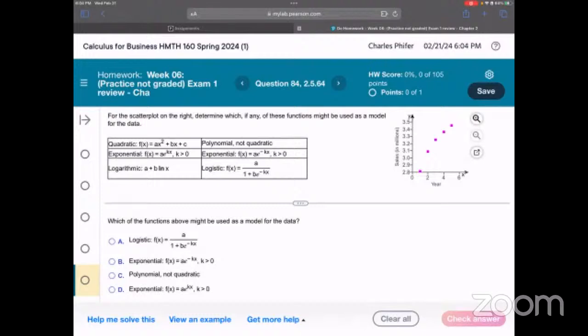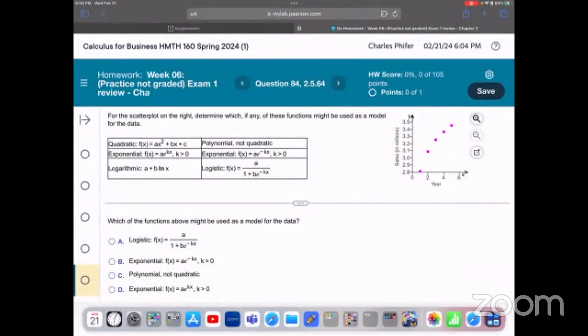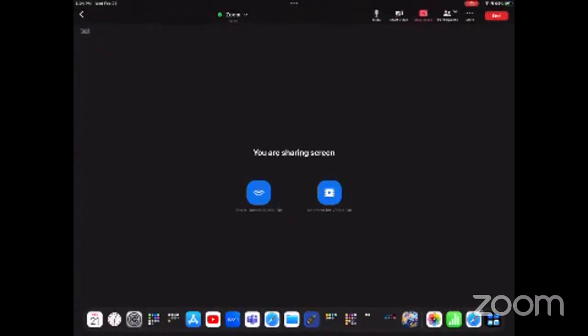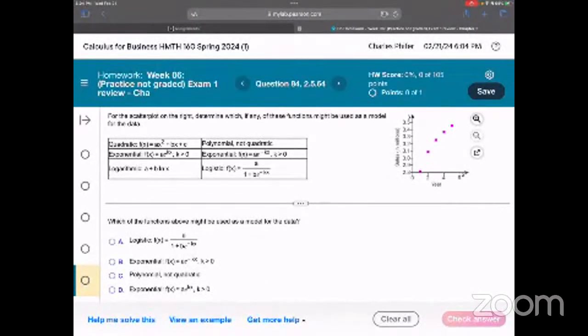For the scatter plot on the right, determine which, if any, of these functions might be used as a model for the data. It's a polynomial. Exponential, that's not behaving like an exponential.